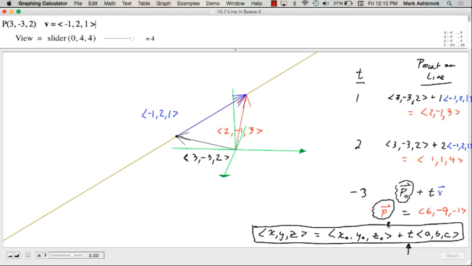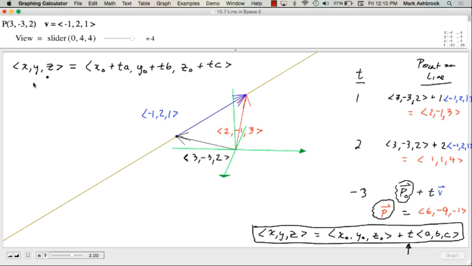Okay, so notice this is vector addition, so we can do the math here. If I did the math on this, I take this vector plus t times that vector, what one vector would equal x, y, z if I actually did the vector addition and scalar multiplication on the right? So the x component would be x naught plus ta, then y naught plus tb, and z naught plus tc.